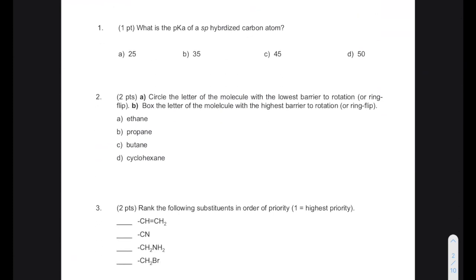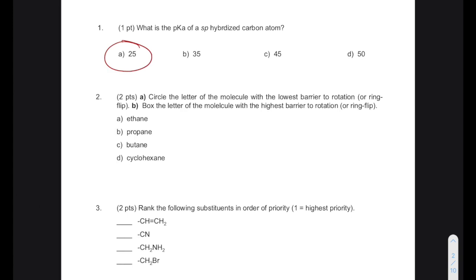Okay, so the first question is, what is the pKa of an sp hybridized carbon atom? And you could just memorize this. This is a number that some people know is the acidity of the CH bond for an sp hybridized carbon, and it's 25, but we can at least appreciate that it is much more acidic than other forms of CH bonds.